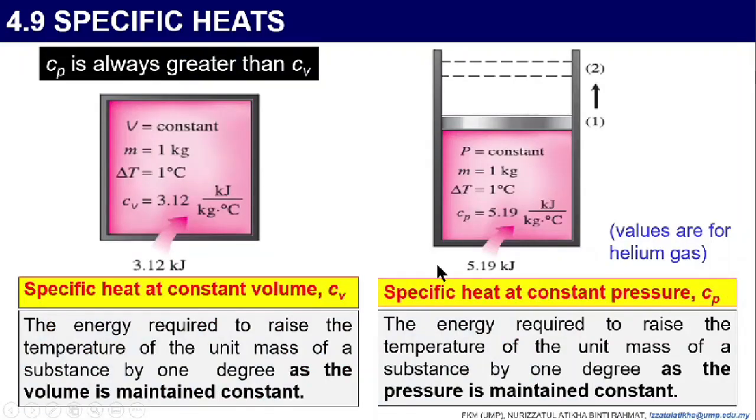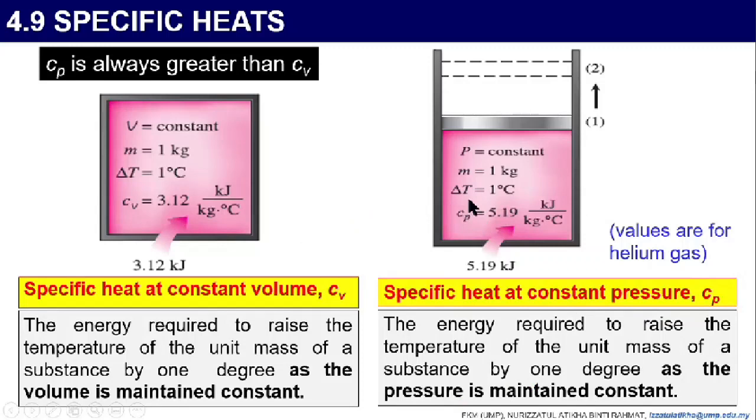So Cp is always greater than Cv. Cp is specific heat at constant pressure, and Cv is specific heat at constant volume. In specific heat at constant volume, Cv, the energy required to raise the temperature of a unit mass of a substance by 1 degree as the volume is maintained constant. And in specific heat at constant pressure, the pressure is maintained constant.